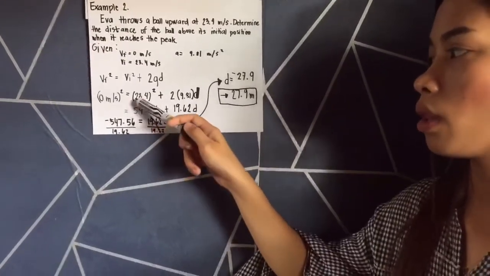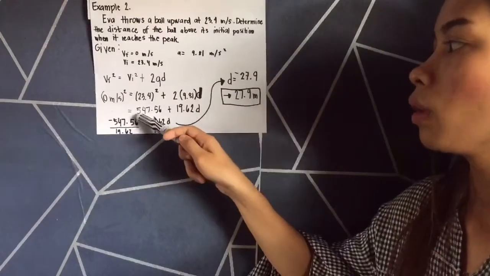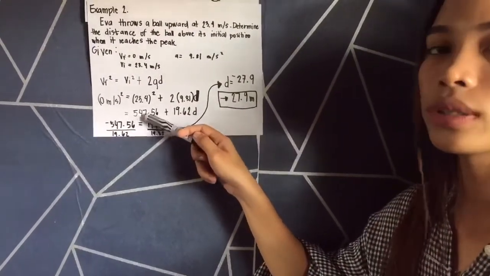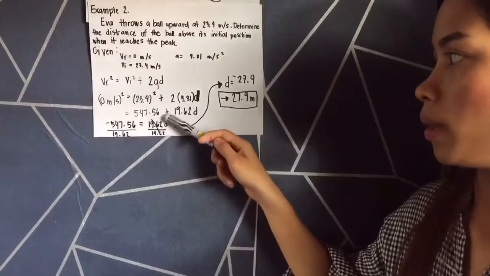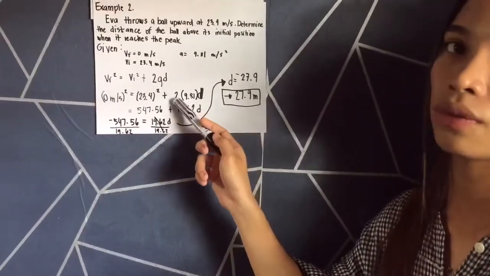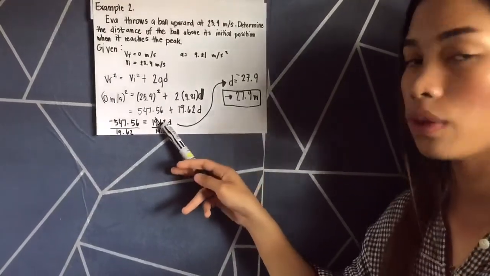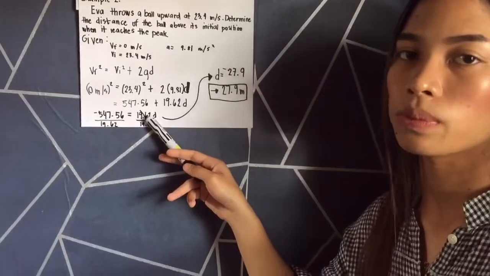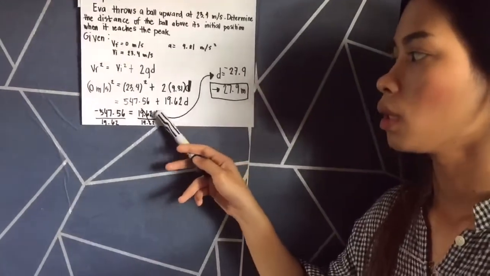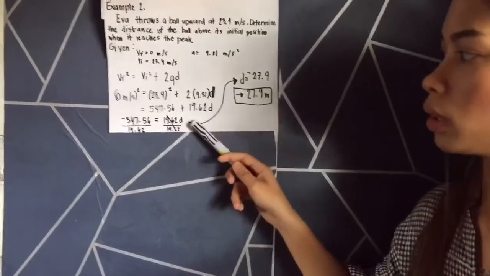Upon calculating these numbers, we have the result of 547.56 plus 19.62 times the displacement. In order for us to get the displacement or the distance, we need to divide both sides by 19.62.